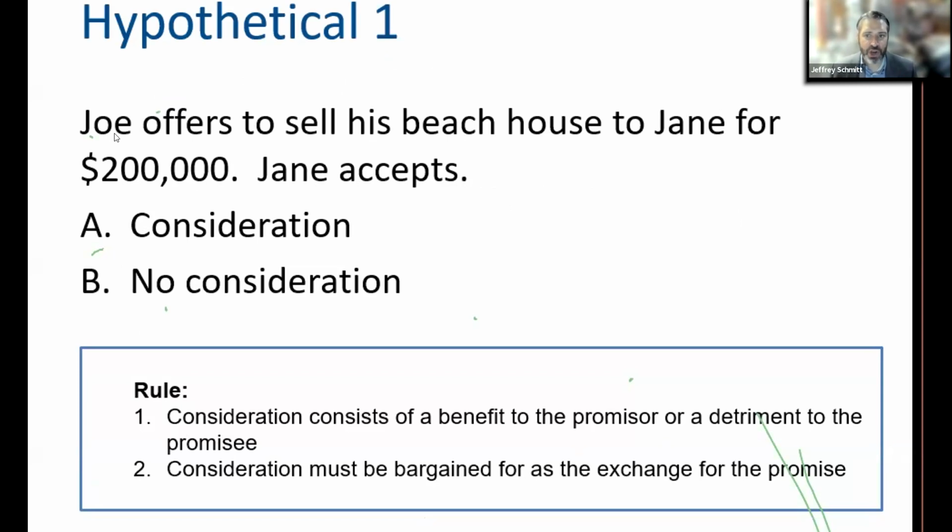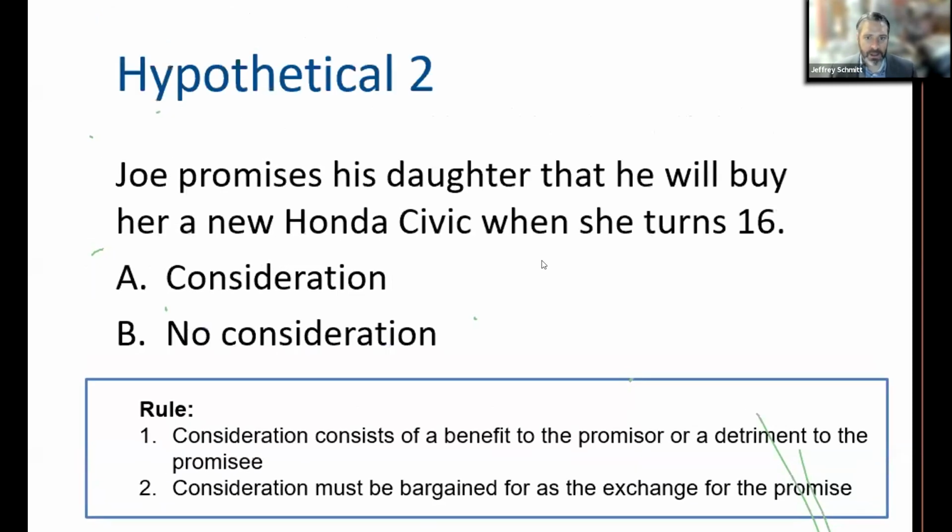The only reason Joe is going to convey title is because he wants the money. And the only reason Jane is going to give Joe the money is because she wants the house, right? So that's a simple example of consideration. Number two is a simple example of when there is not consideration. Joe promises his daughter he will buy her a car.